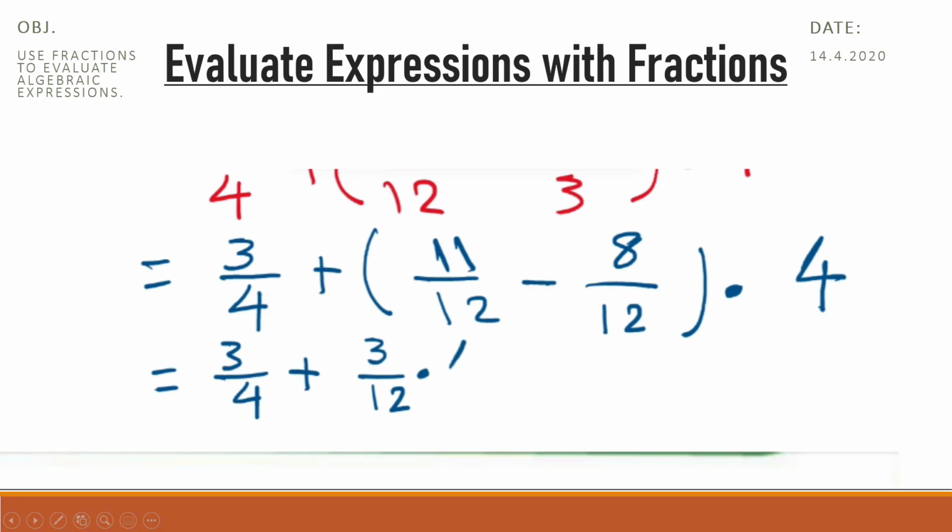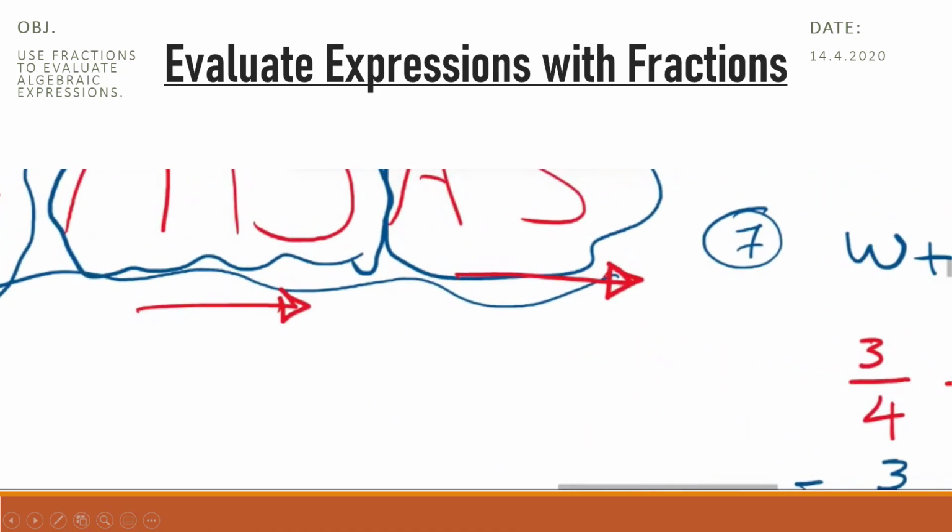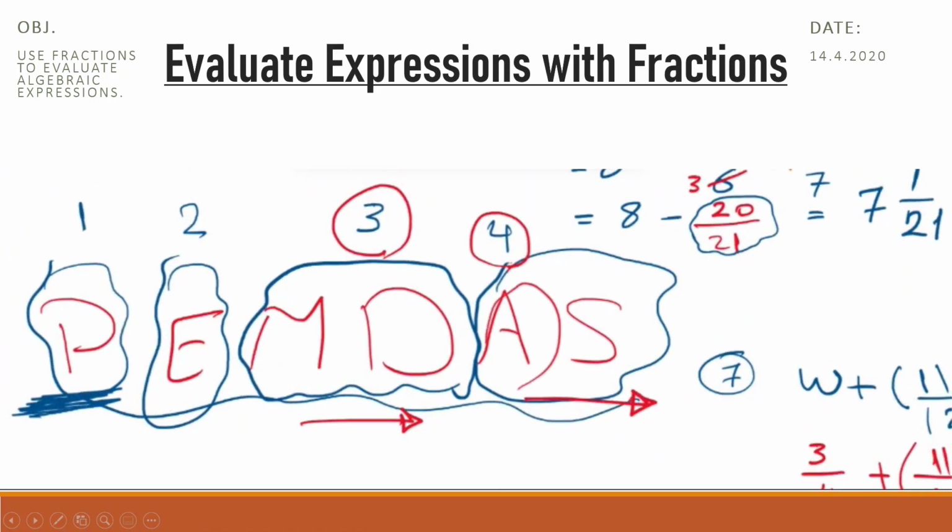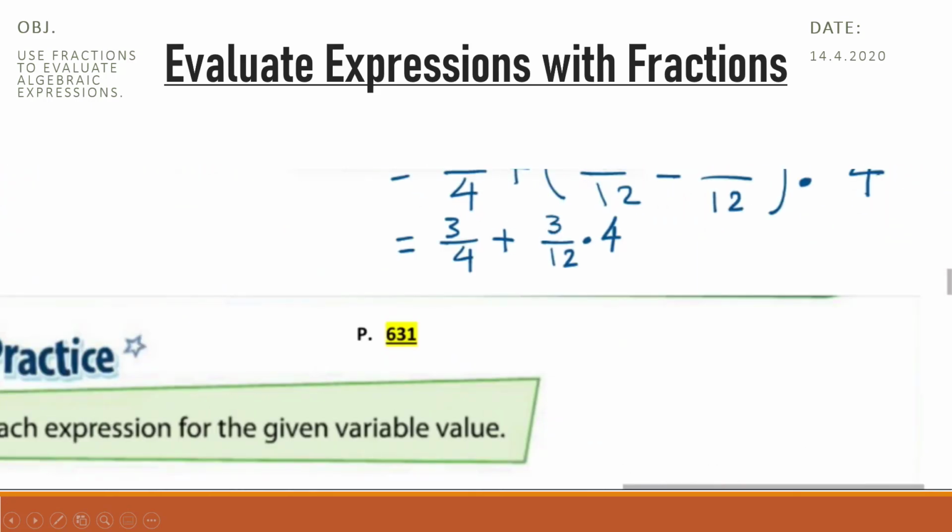Now this is multiplied by 4. Now guys, we have addition and multiplication. Which one to do first, addition or multiplication? Let's see. We have here addition and here multiplication. So we'll start with multiplication, of course.